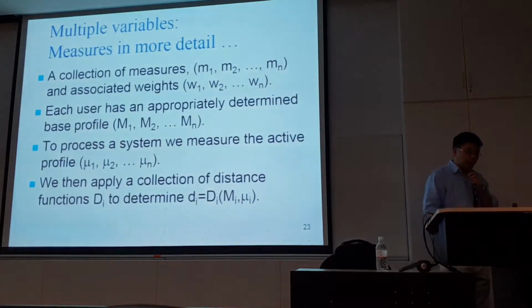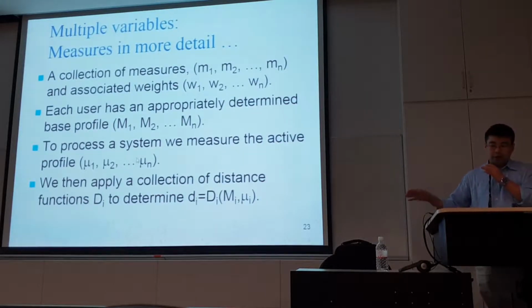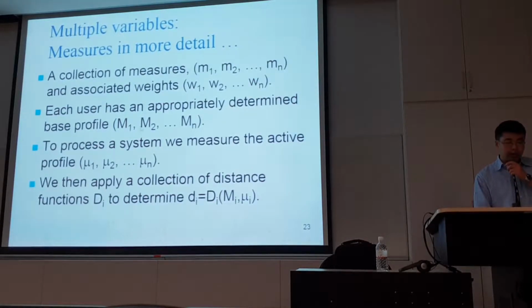After you define the base profile, this is like the whitelist. This is the expected behavior. Then if there are active actions, you try to compare this set of actions against the base profile. How to compare? You calculate the so-called distance.